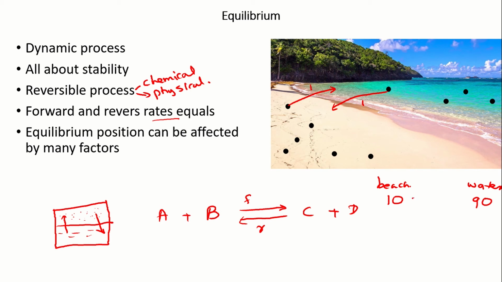If for every person that moves into water, there's a person moving out from water, if this is going to be the exchange rate throughout the day, you can expect throughout the whole day there will be 10 people on the beach and there will be 90 people in water. So whatever this condition, that was a very hot day. The water is nice, so you can have more people in water.